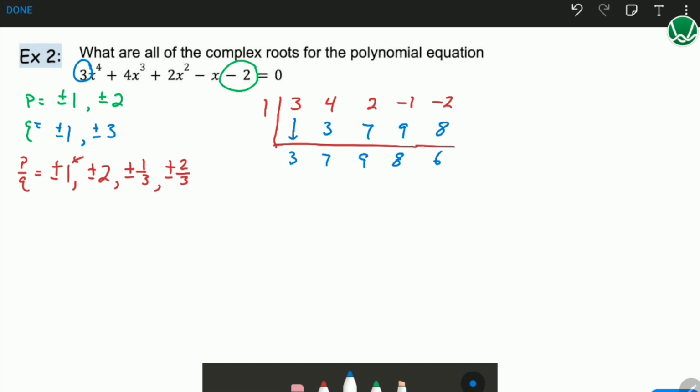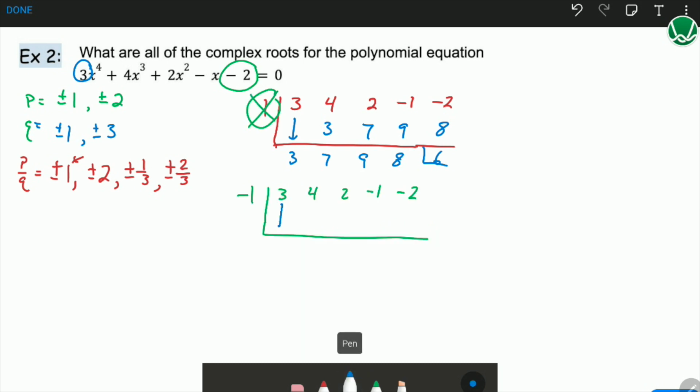So that gives me a remainder of 6, which means 1 is not a root of this polynomial. So I can eliminate positive 1 as a possible root, but I also have to check negative 1. And if I remember right from doing this earlier, I'm pretty sure negative 1 is one. Let's just try that one real quick.